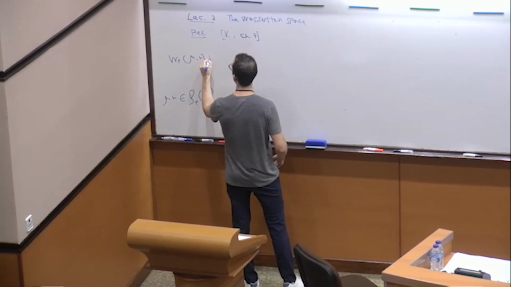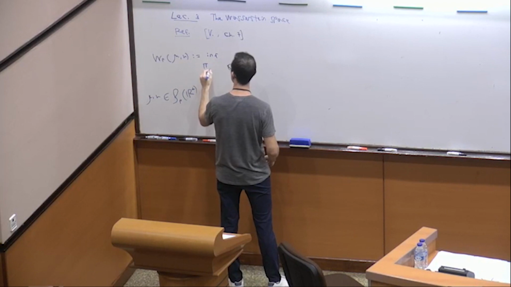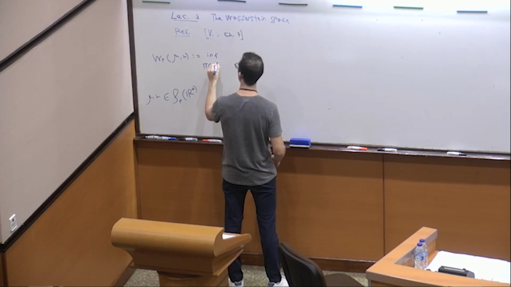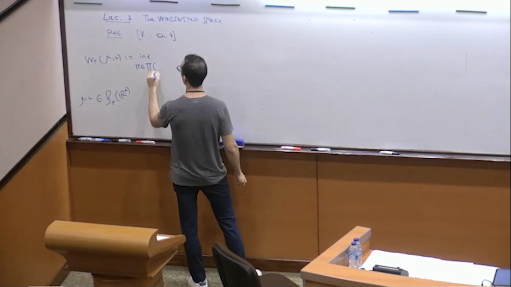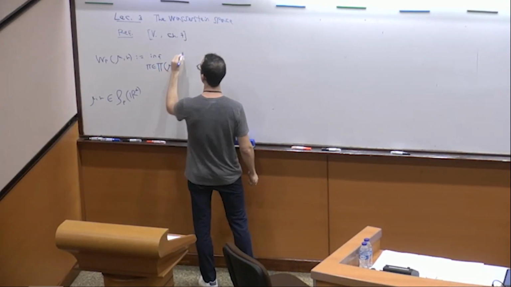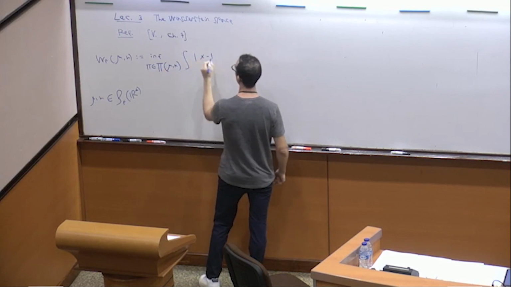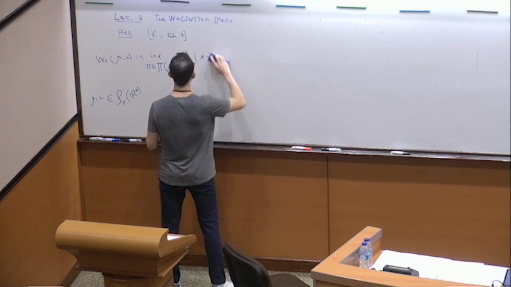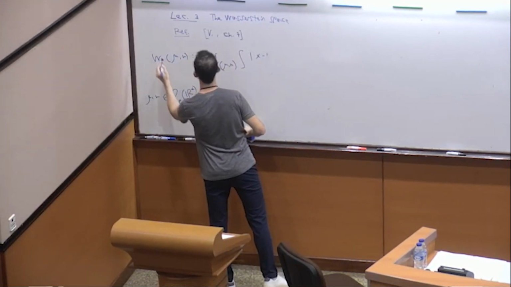So the way we define this is exactly as a solution to the Kantorovich optimization problem. So it's an infimum over all couplings between mu and nu. For example, we can take, let me do it just in the case p equals 2, but also maybe 1.